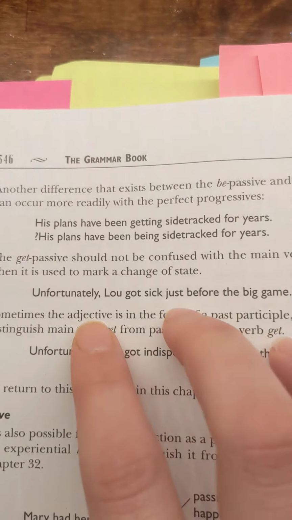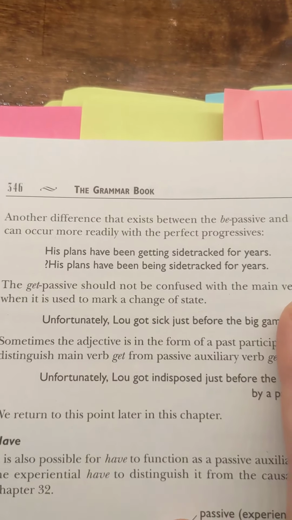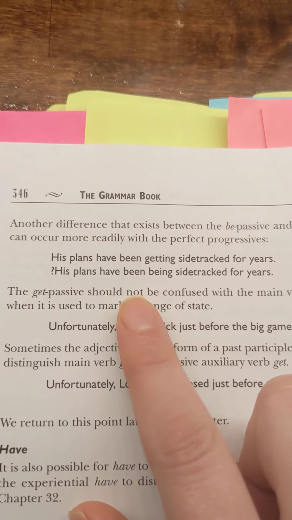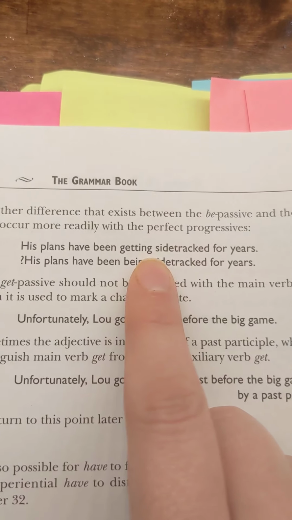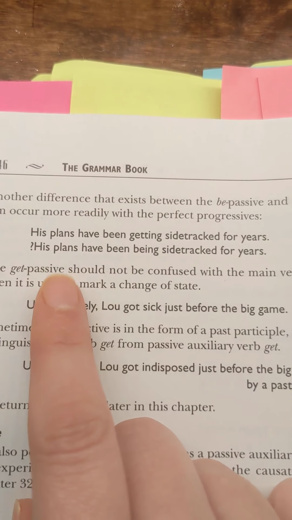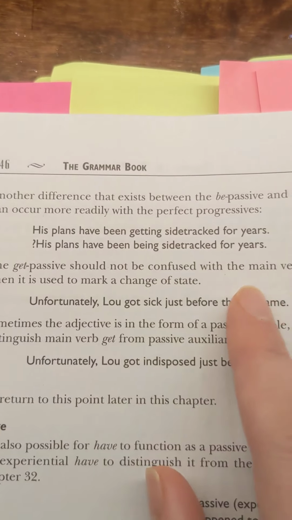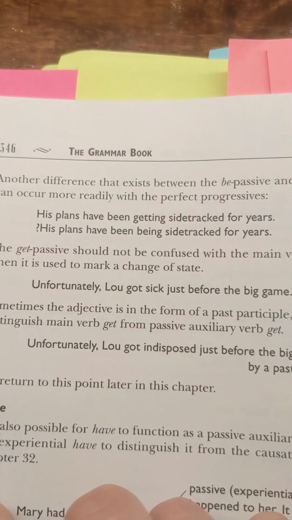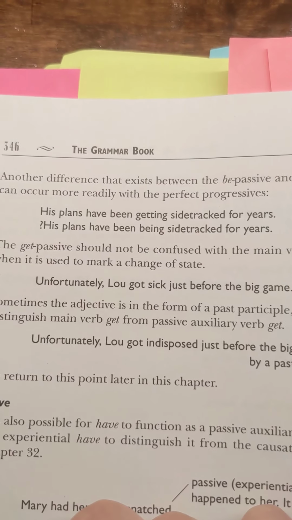And get is noteworthy because it works better with perfect progressives. So you can see here, his plans have been getting sidetracked for years. You could say his plans have been being sidetracked, but it doesn't go well. It doesn't sound right to us.